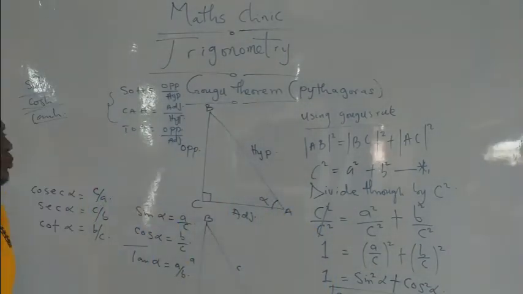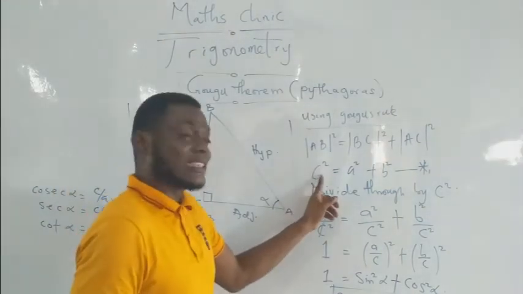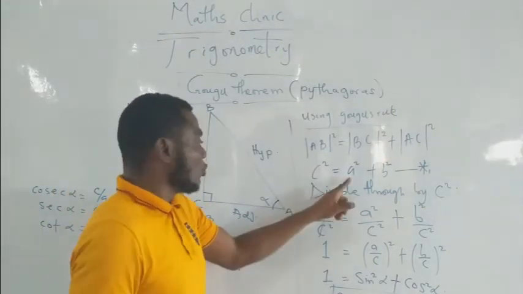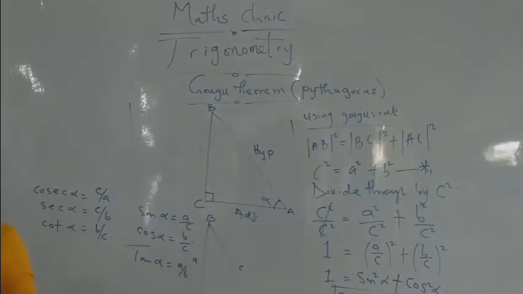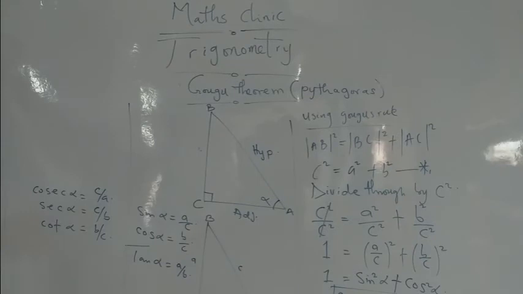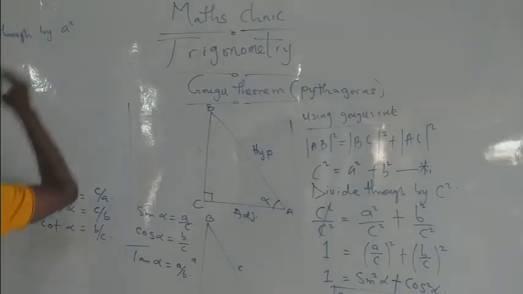Okay, so let's look at the second identity. The first time we divided through by C squared. This time we move to the second part, which is A squared. Divide through by A squared.